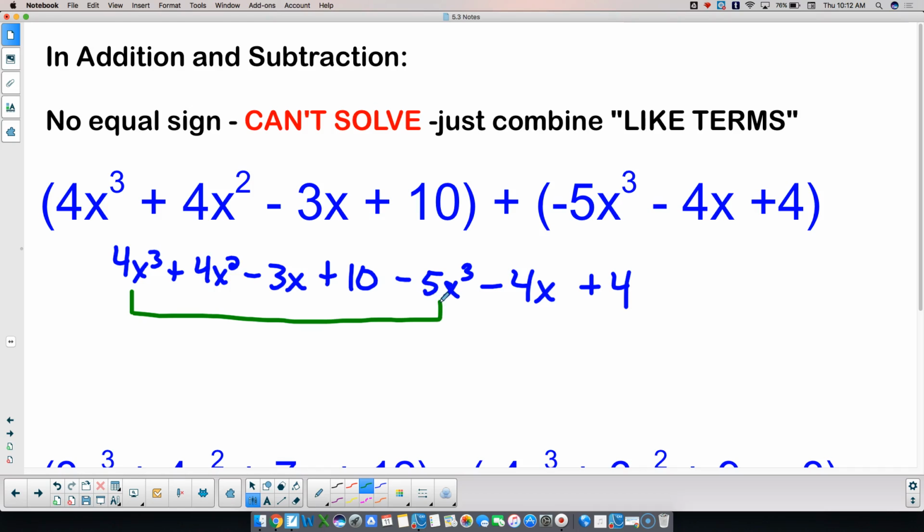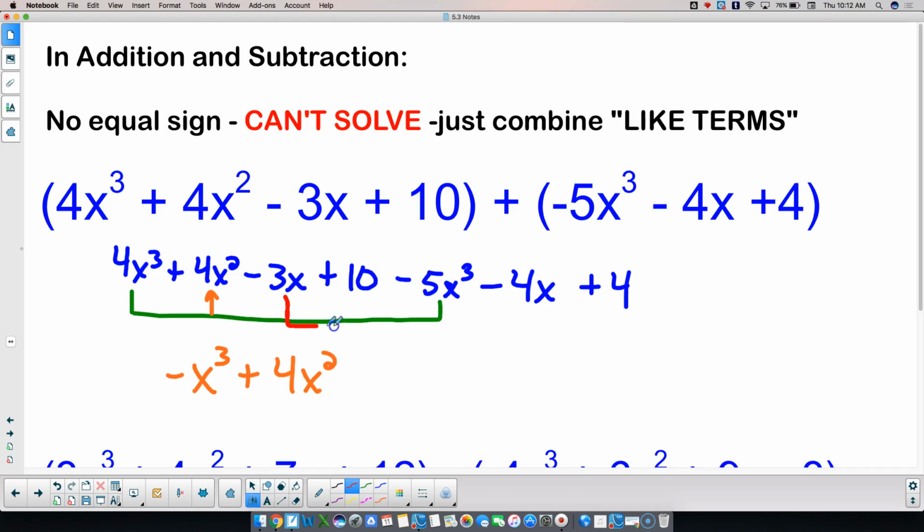So 4x cubed minus 5x cubed is negative x cubed. There is not another squared term. So that's just going to become plus 4x squared.